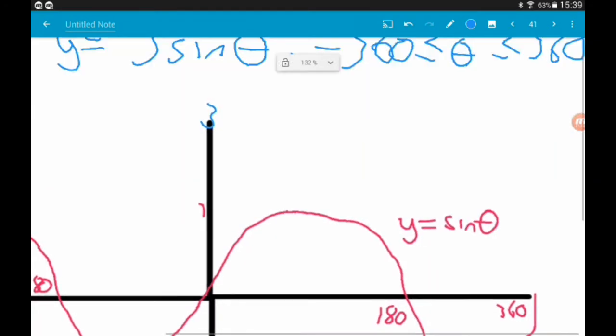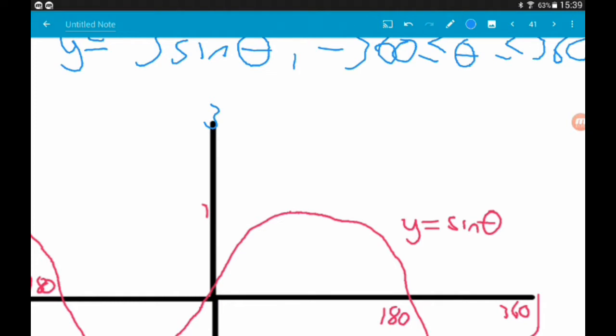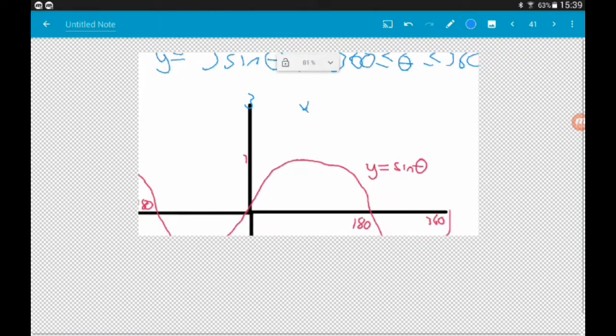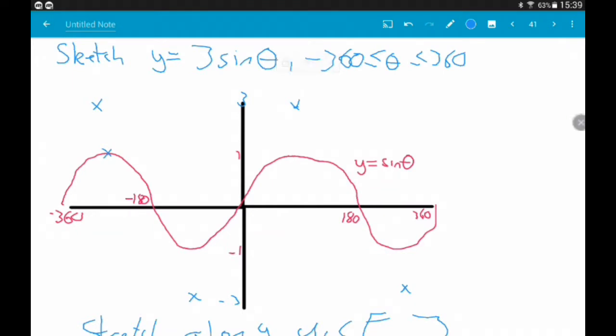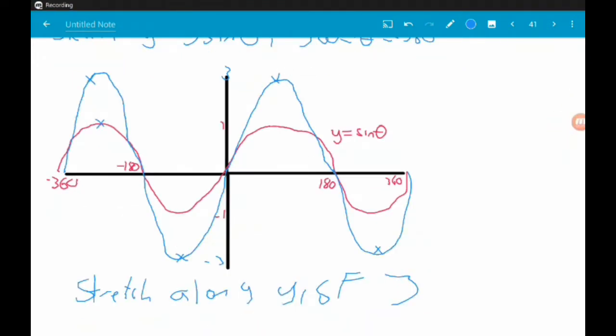So we need one more maximum over here. So I'm going to join those points up. Okay, so there very roughly is what y equals 3 sine of theta is going to look like.